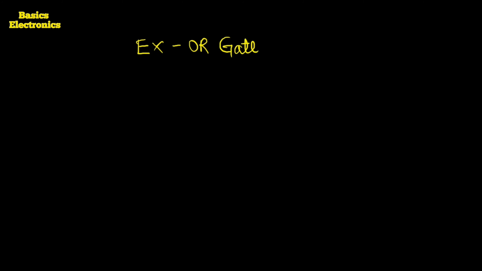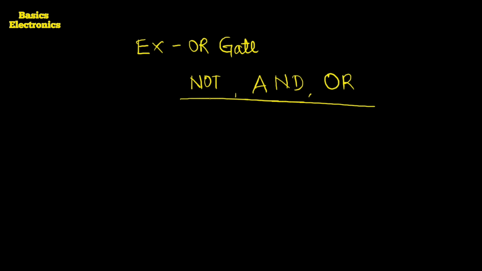The XOR gate is constructed using these three gates: the NOT gate, the AND gate, and the OR gate. Why are we using these three gates?